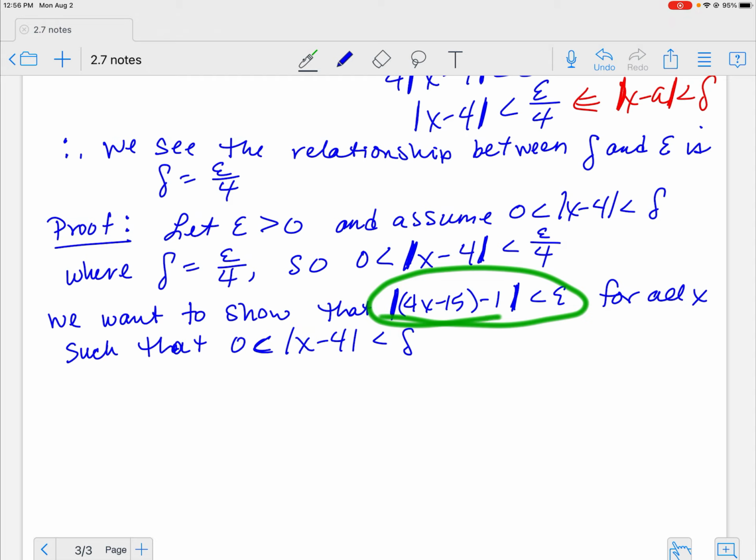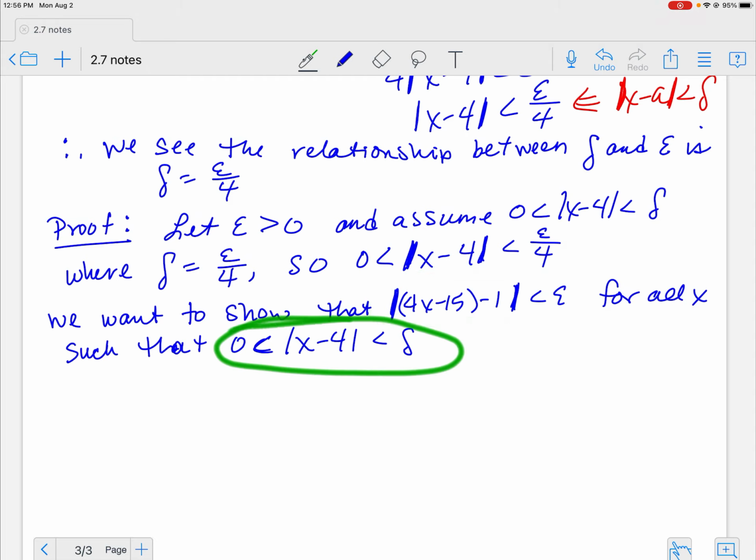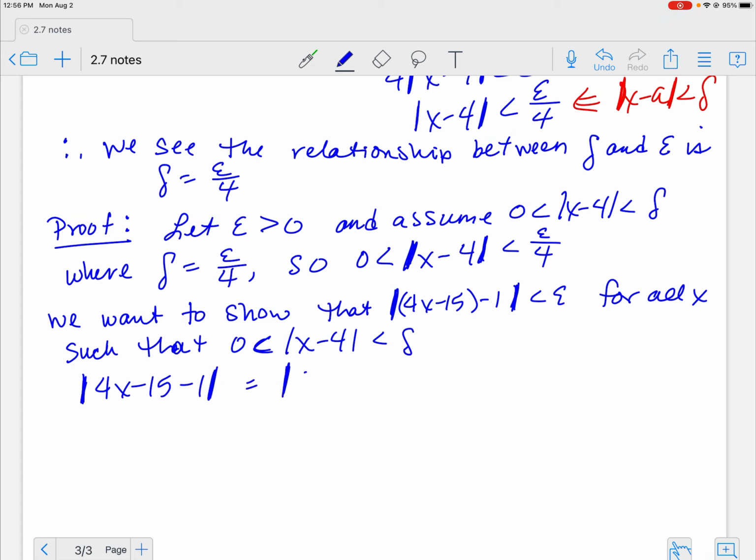F of x minus L is less than epsilon whenever 0 is less than the absolute value of x minus a, which is less than delta. Then you make it happen, Captain. So we know that the absolute value of 4x minus 15 minus 1 actually equals the absolute value of 4x minus 16, which equals, when I factor out a 4, 4 times the absolute value of x minus 4.